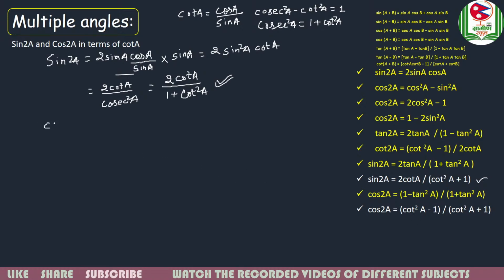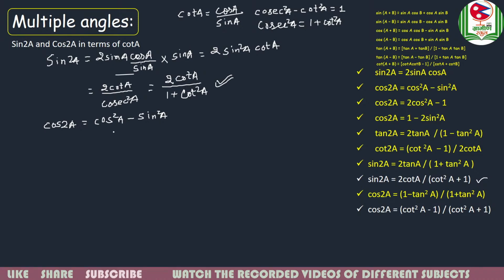So once again we will start with our prime formula or the main formula, that is cos 2A equals cos square A minus sin square A. As we have done while expressing this cos 2A in terms of tan, we were in the search to make sin square A upon cos square A form. But now we have the necessity of cot. So what we will do?